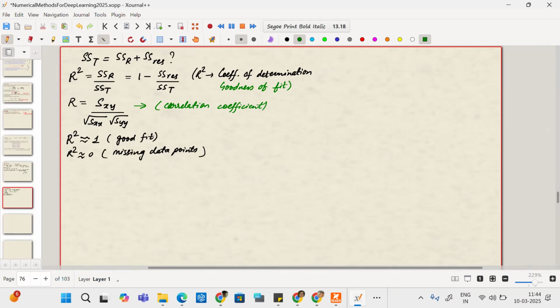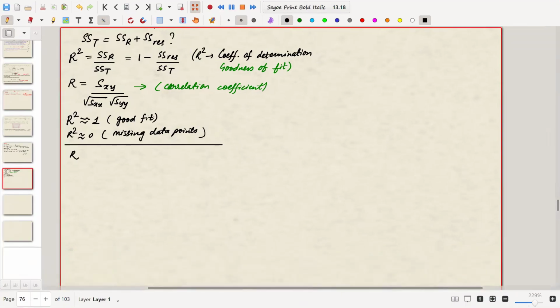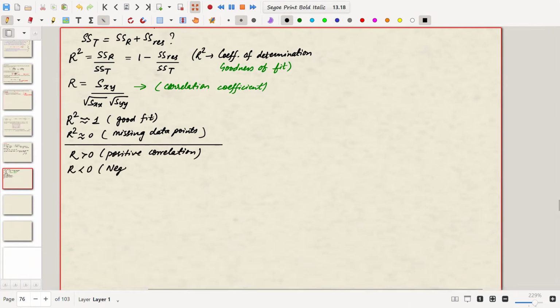So R2 is close to 0 or close to 1. What about R? Depending on R, you can say something more. If R is greater than 0, it is a positive correlation. If R is less than 0, it is a negative correlation. What does that mean?